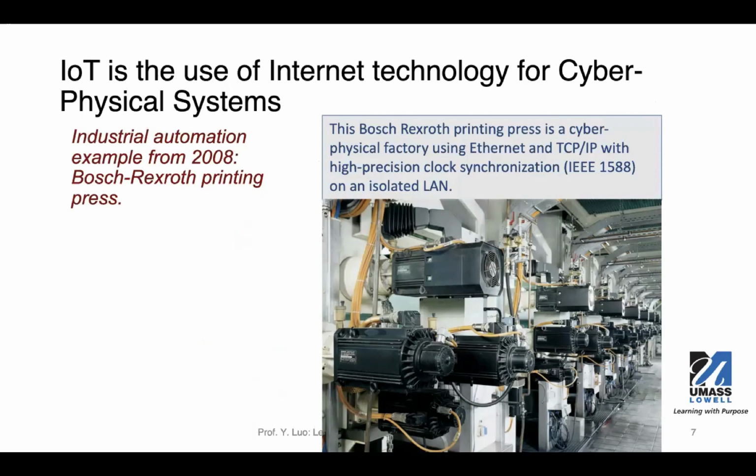We've seen a lot of this networking technology used in cyber physical system, even in early days in 2008, as you see in the picture shown here. Bosch, this company, has this printing press. It's a cyber physical factory. The reason we say that is all these machines, these print machines, are connected using Ethernet and TCP/IP.